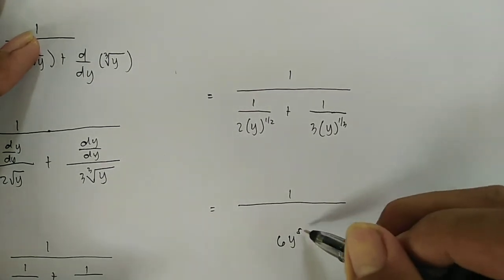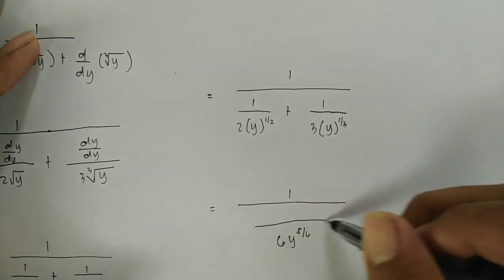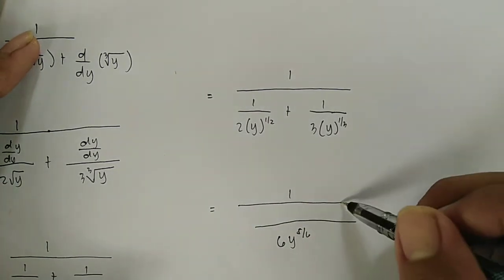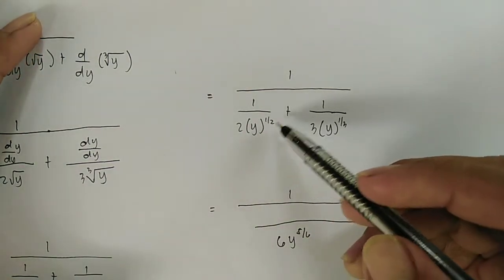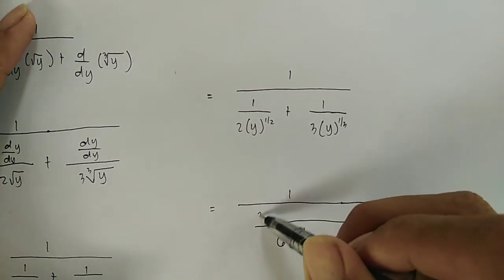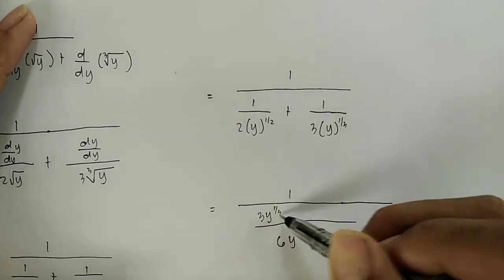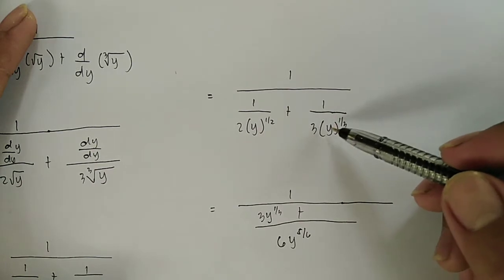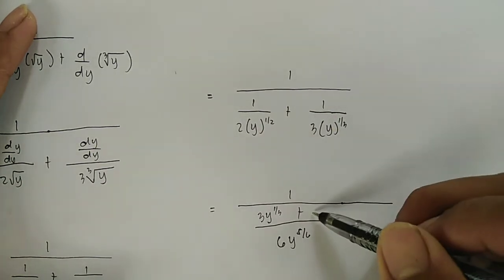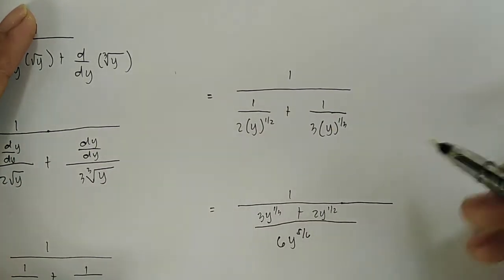So yan yung gagamitin nating least common denominator dyan. So 6y to the power of 5 over 6 divided by 2y 1/2, magiging sagot dyan ay 3y 1/3. Then dito naman sa kabila, 6y to the 5 over 6, or the LCD divided by the denominator here, ang magiging sagot dyan ay 2y 1/2.